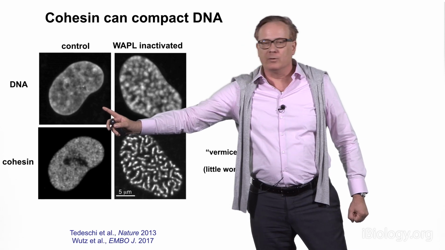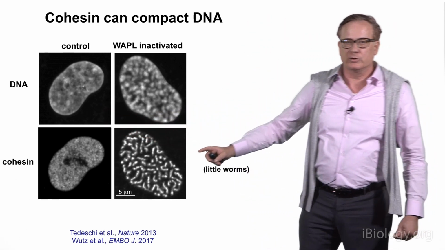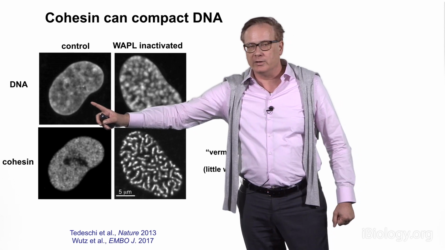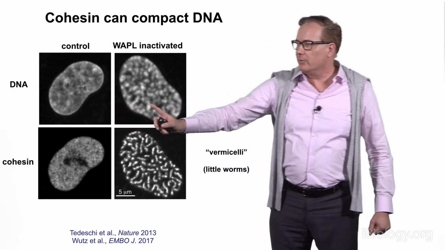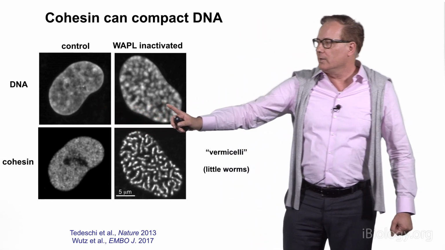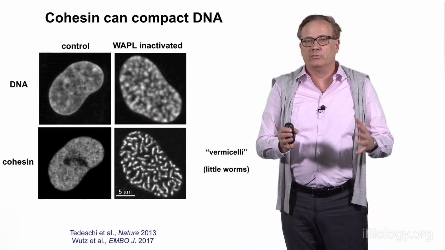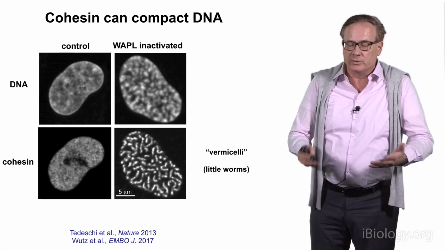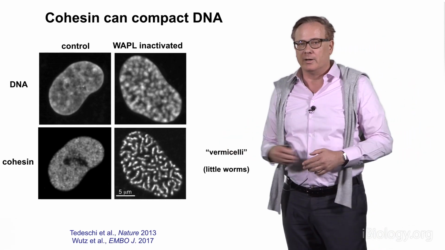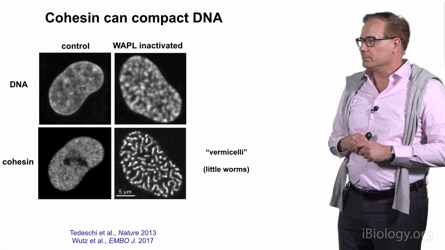You can see a relatively amorphous staining pattern, which is typical for a cell in G1 phase, which this is. But after inactivation of WAPL, now we can see that the DNA had begun to become condensed, as if it had entered prophase, early mitosis, which this cell clearly hadn't by all sorts of criteria that we looked at.